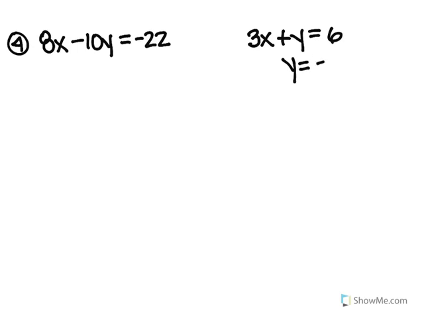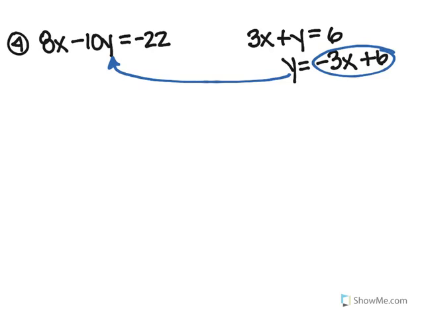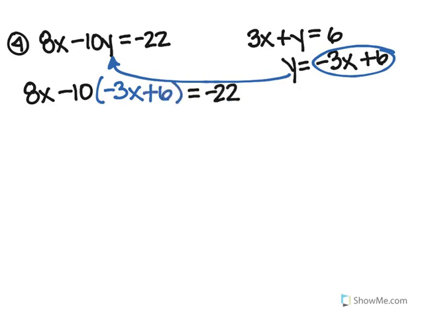y equals, subtract my 3x, so that'd be negative 3x plus 6. So, in the place of y in the first equation, we're going to plug in negative 3x plus 6. So we have 8x minus 10, in parentheses I'm putting negative 3x plus 6, equals negative 22.